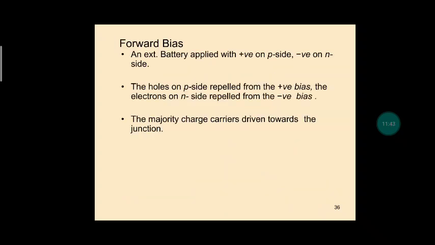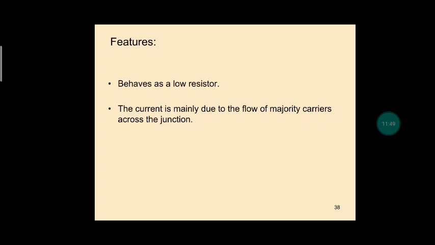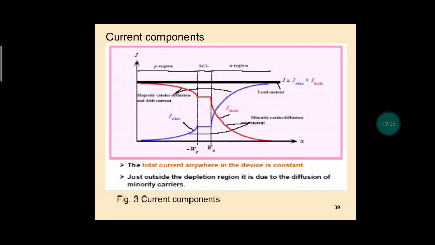Then the features of forward bias: it has low resistivity. The current produced depends on the majority charge carriers. The depletion region width will be reduced in forward bias.